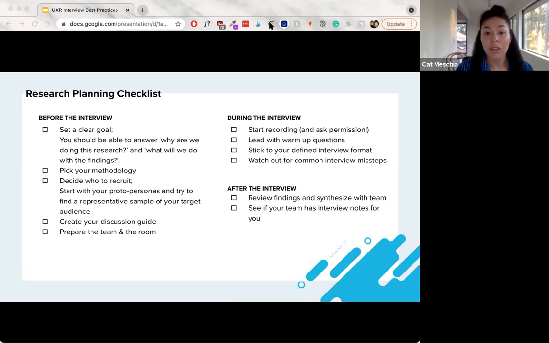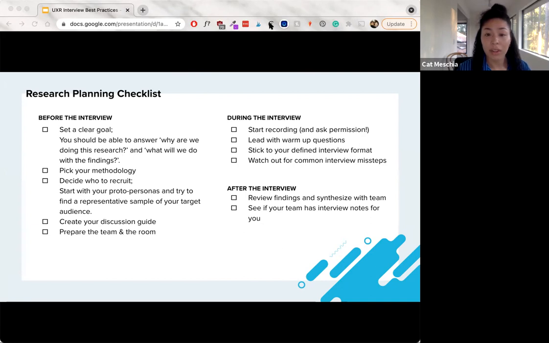Too many times, junior researchers will jump into an interview because they think that's what they need to do, but they don't truly understand why they're doing it or what they're trying to answer. Without that clear goal, stakeholders might not understand what you're doing or why you're doing it, and that'll come back later and later every single time when you feel like you keep running into the same questions and trying to defend what you're doing.